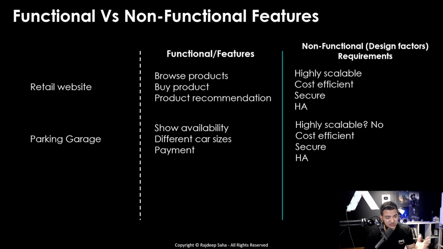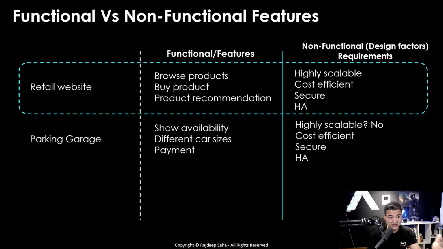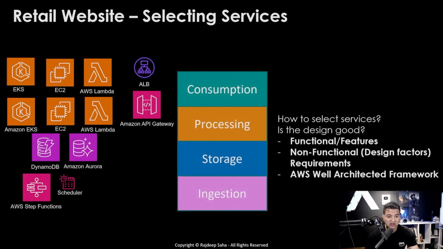And for this discussion, let's focus on one use case, which is a retail website. So if we go back to our logical diagram, for each of these layers, we have all these different AWS services. Now let's assume for this case, the customer is already running the application on-premises, and the existing application team is proficient in managing virtual machines.